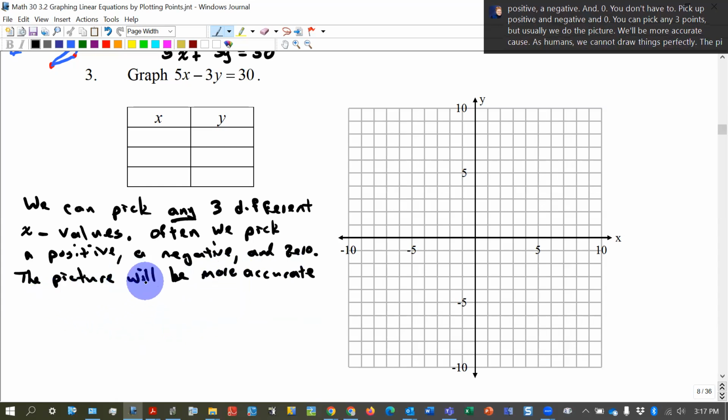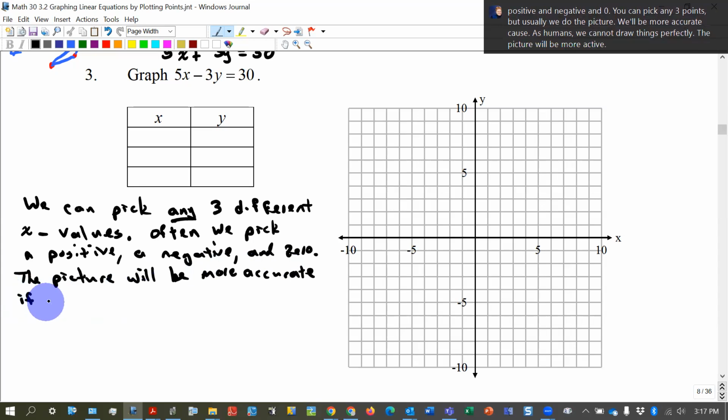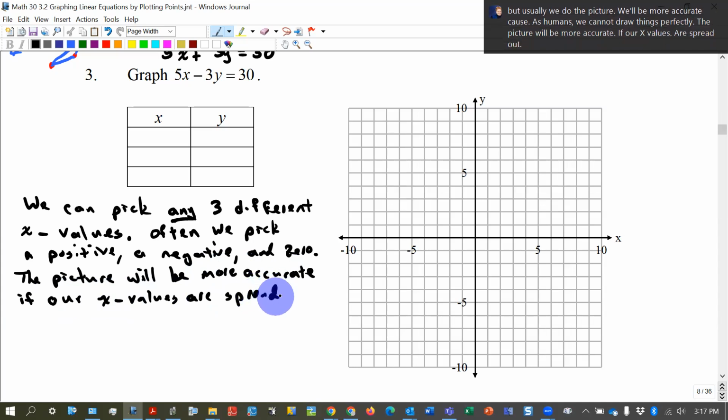The picture will be more accurate if our X values are spread out. In other words, not too close to each other.